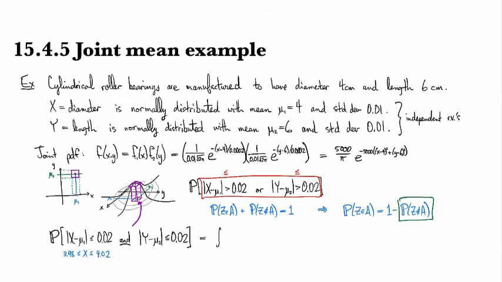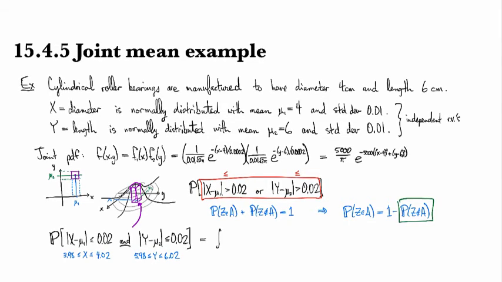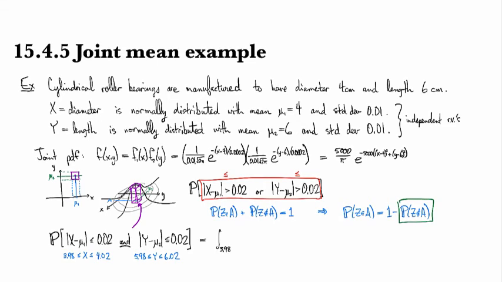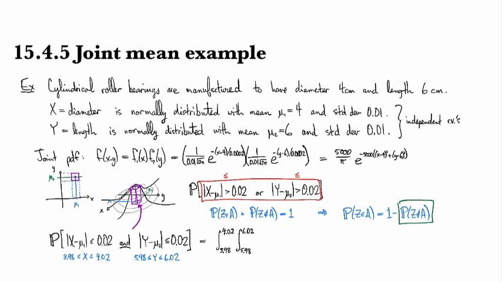And for y to be within 0.02 of its mean, it can go down to 5.98 and up to 6.02. And so those are going to be the bounds of our integral. So there's the x bounds, and then the y bounds are from 5.98 up to 6.02.